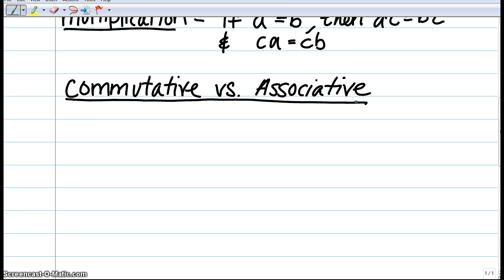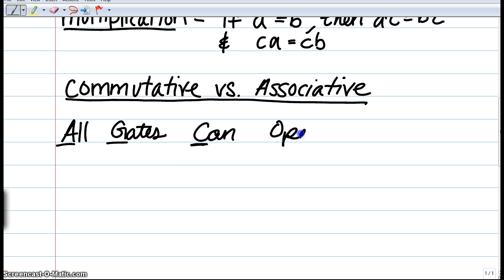Because again, it's easy to get mixed up. My acronym is all gates can open. It's kind of lame, but it works.